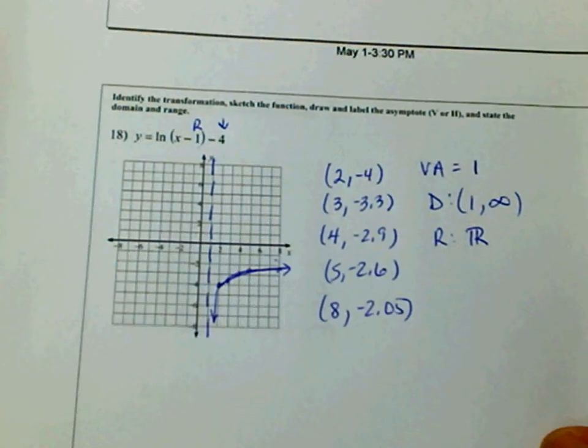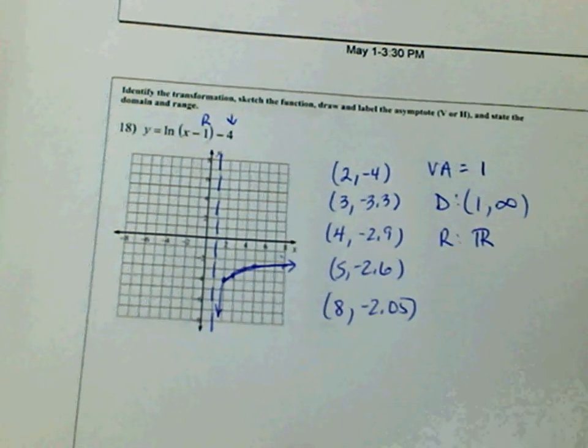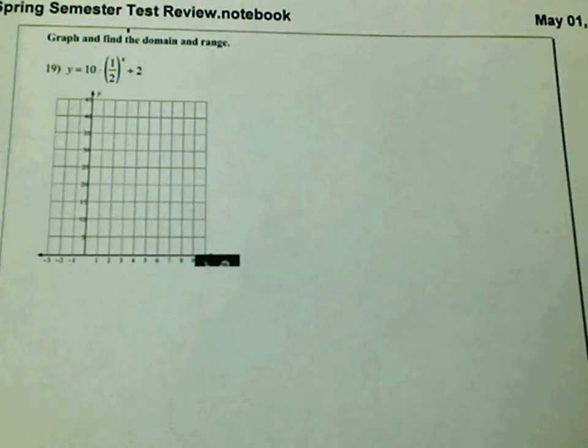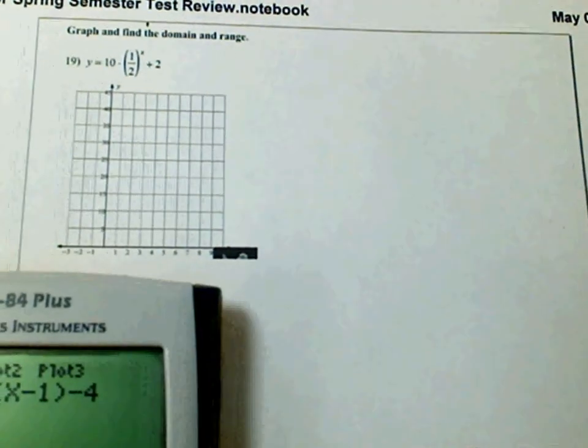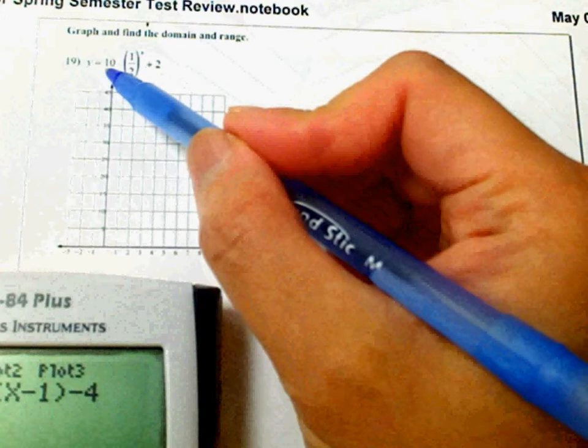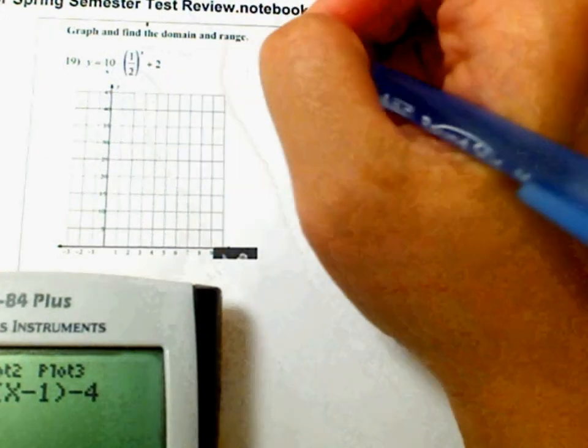Sorry, number 18. Here's number 19, okay? We are going to find the domain and range. So keep this in mind as you are doing this problem, that this here is your stretch, this is your A. If your A is greater than 1, you are going to have a growth.